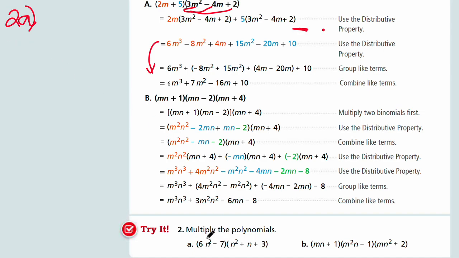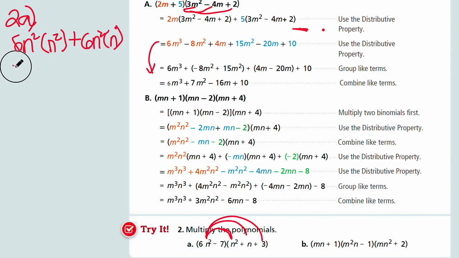We're going to multiply by using the distributive property: 6n squared times n squared, and then all of these. So we're going to multiply 6n squared with n squared, and then 6n squared by n. I'm just going to write all of them out so I can show you the steps.